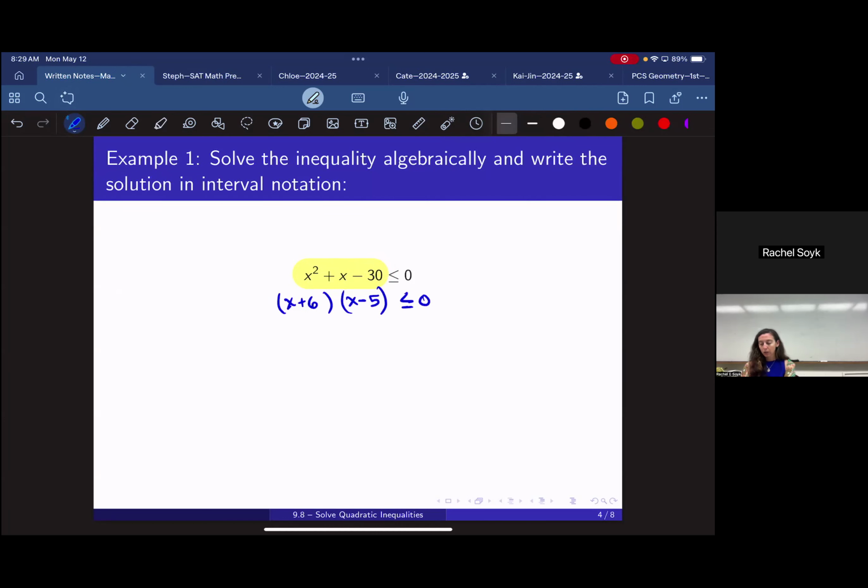Good. What does this tell us? This tells us that our x values are negative 6 and positive 5. AKA, these are our critical numbers.